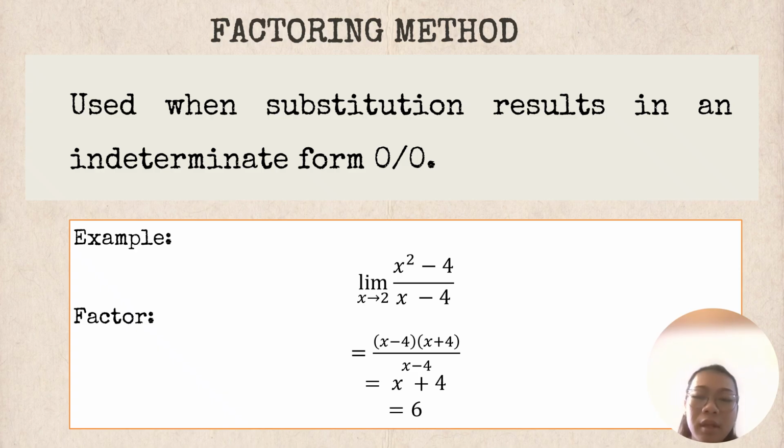After simplifying, we substitute the value again. This process often removes the factor causing the indeterminate form. As a result, the limit can be evaluated successfully.